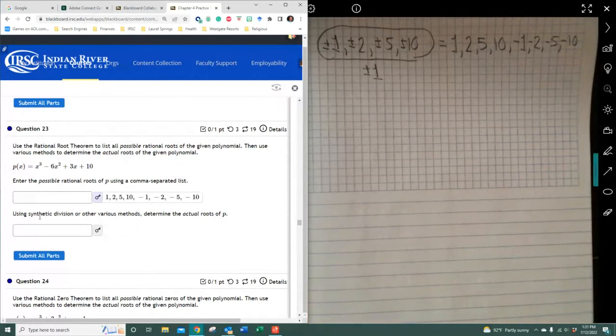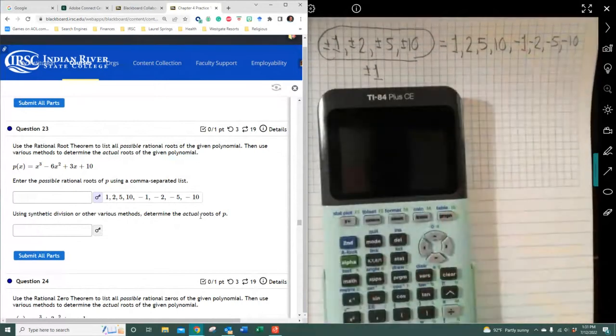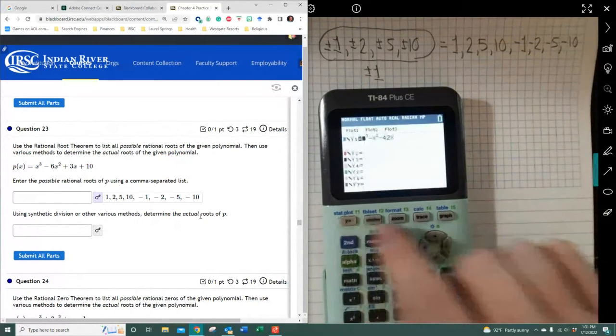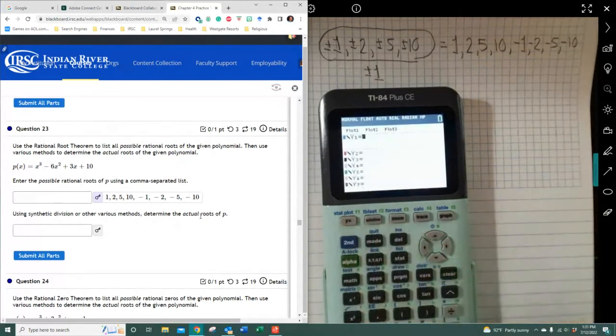Now it says use synthetic division or other various methods, and we're going to use the graphing calculator to determine the actual roots. So I taught you before that we want to just go to a calculator. So it's x to the third minus 6x squared plus 3x plus 10.